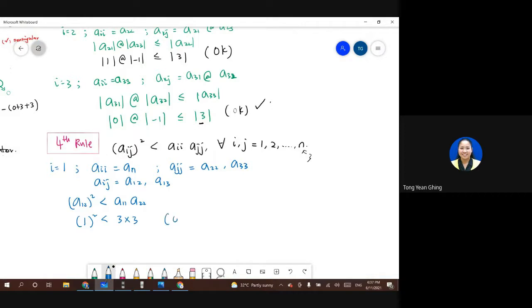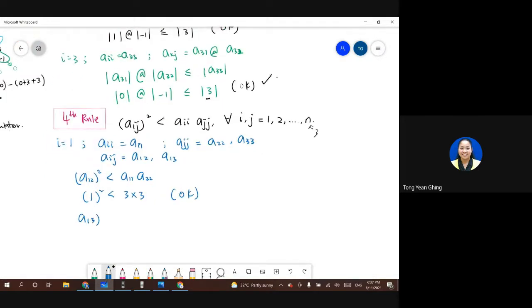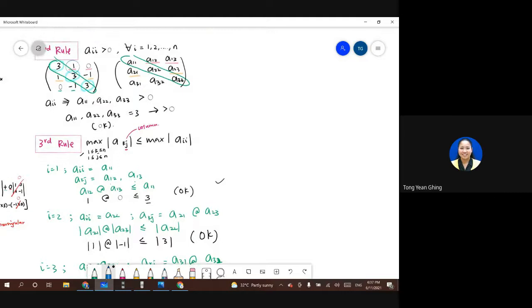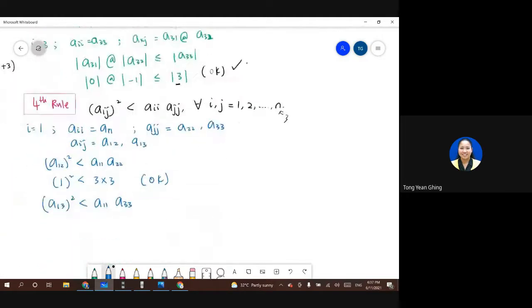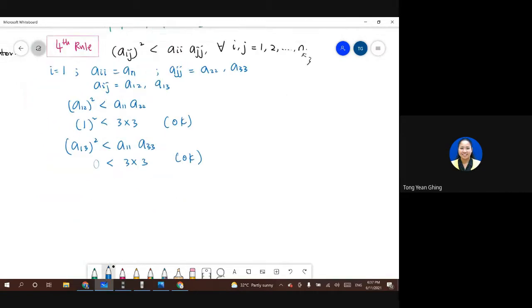Yes. And then check the second one, A13 squared smaller than A11 times A33. A13 is 0, so 0 is smaller than 3 times 3, 9. Yes, this is okay for I equal to 1.